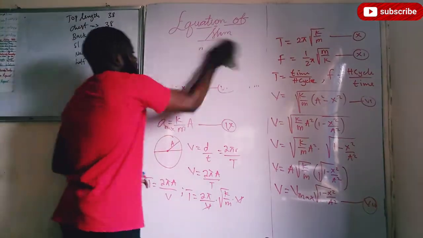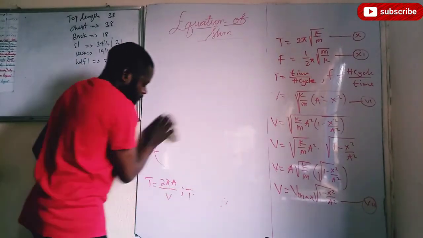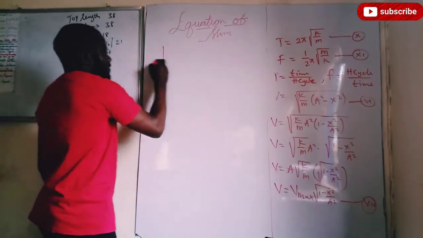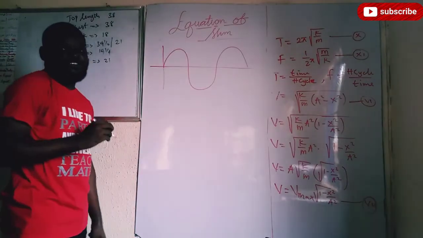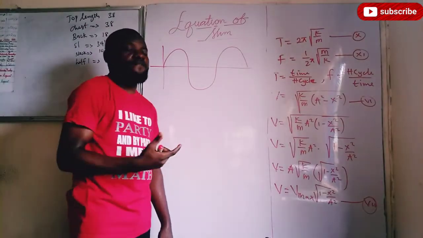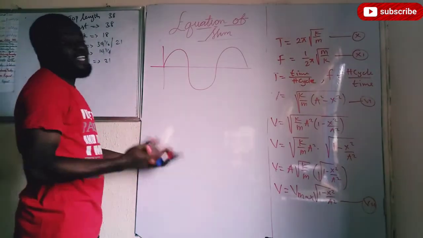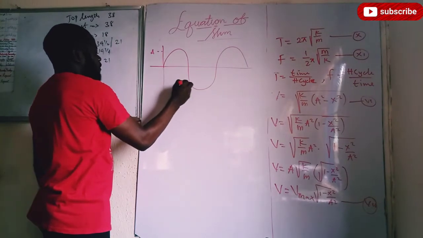Another equation that we need to know is the equation of position. For instance, if I plot the graph of a body that is performing simple harmonic motion, it's going to give me a sinusoidal graph. I can make it a cos function, or a sine function. Like currently here, this is a sine function.